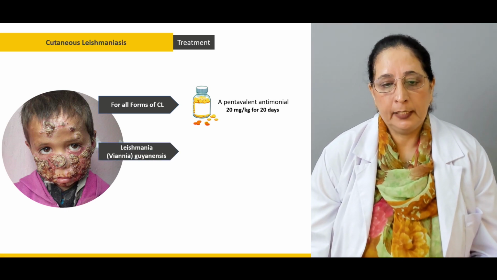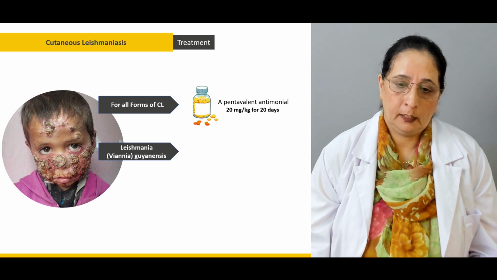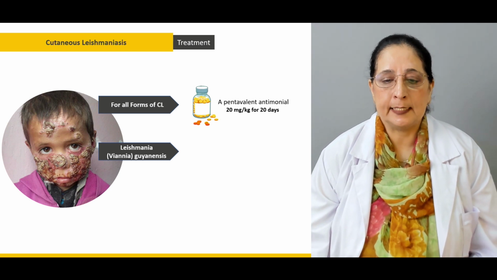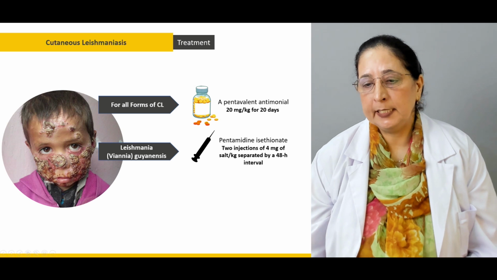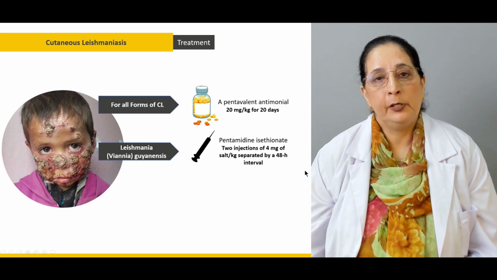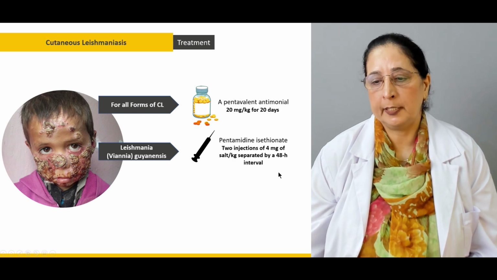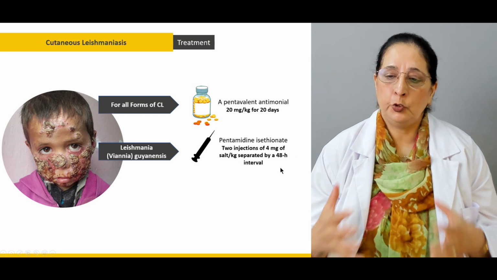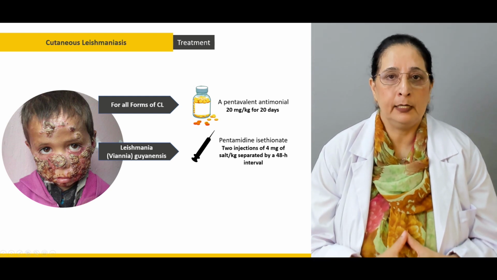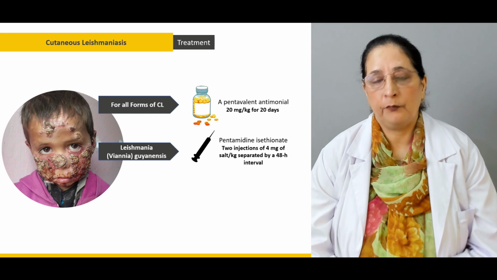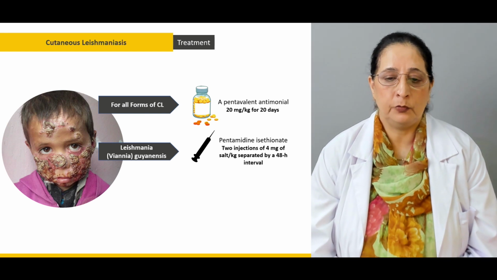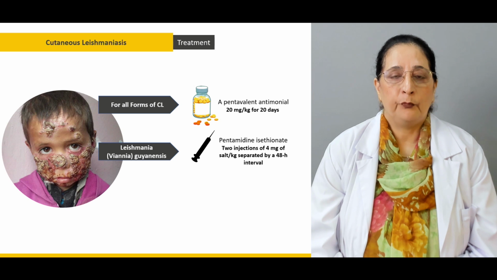For Leishmania viannia guyanensis, pentamidine isethionate, 2 injections of 4 milligram of salt per kilogram separated by 48 hours. So 2 injections are given at an interval of 48 hours, which is for Leishmania viannia.